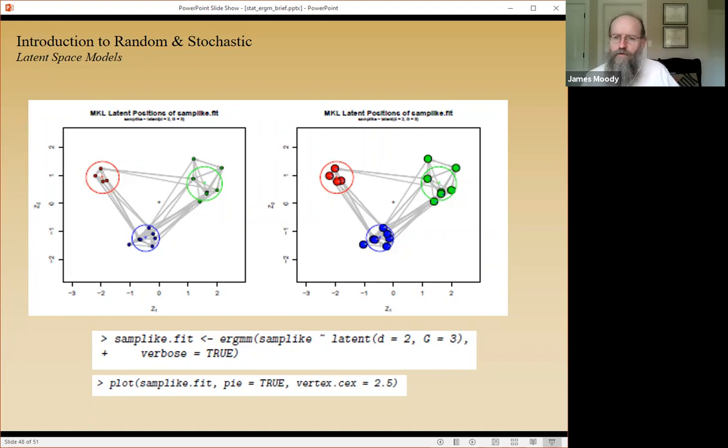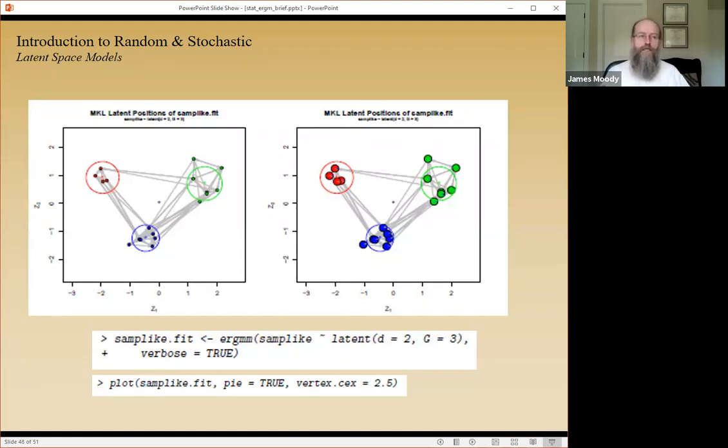Elaborate a bit more on what row effects and column effects mean, and give an example. Yeah, so when I refer to row and column, I'm referring to the rows and columns of the adjacency matrix. Now, usually you don't have the adjacency matrix because that's ridiculous to store for big networks.